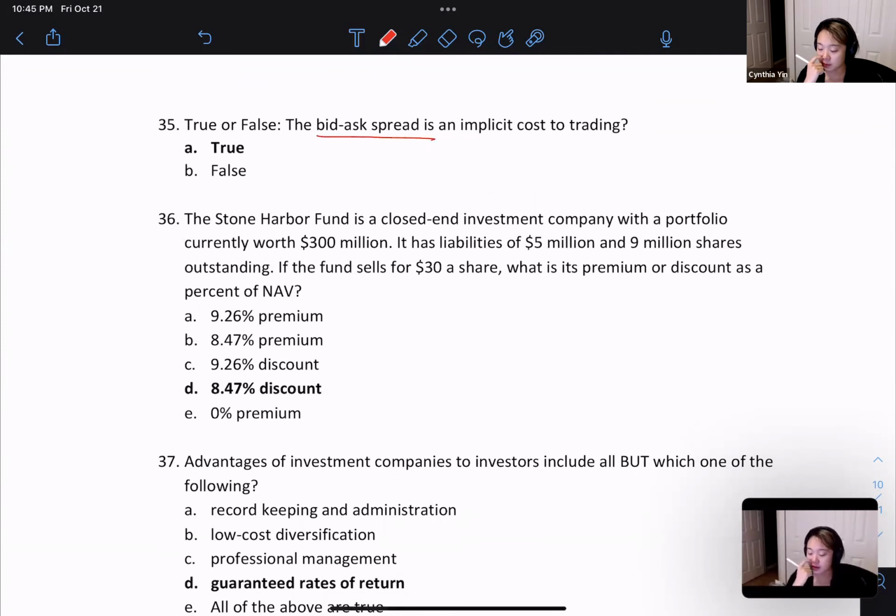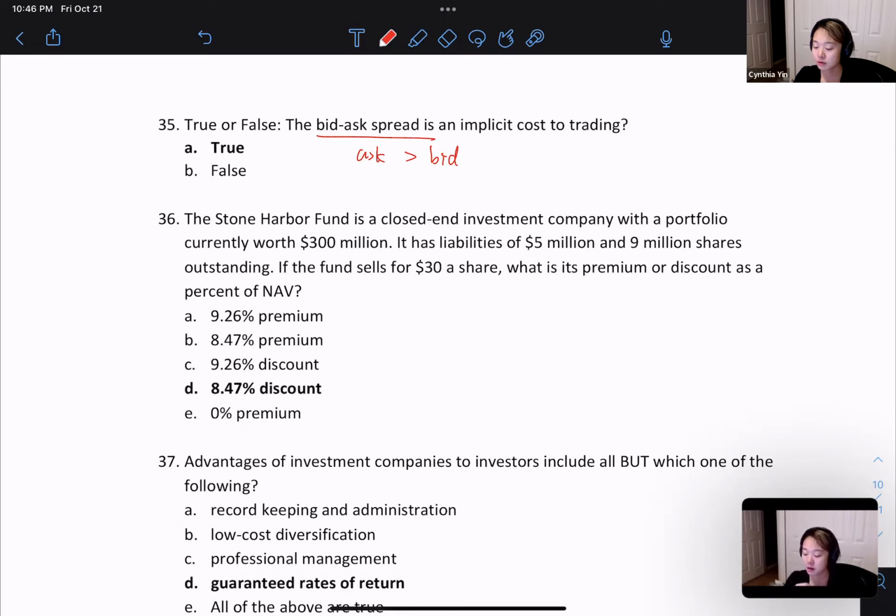Bid-ask spread is an implicit cost to trading. As I said in class, usually the ask price is bigger than the bid, meaning that if you buy a stock and sell it immediately, you're losing money.